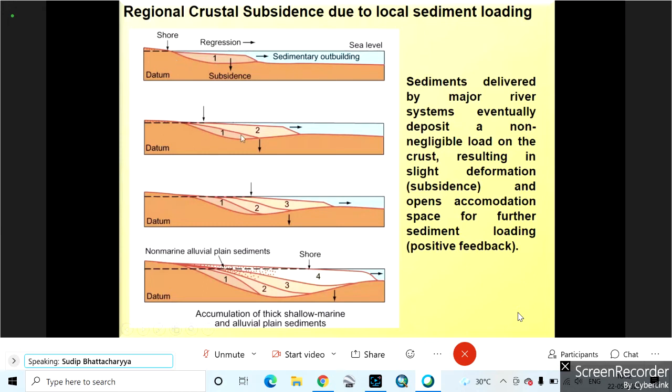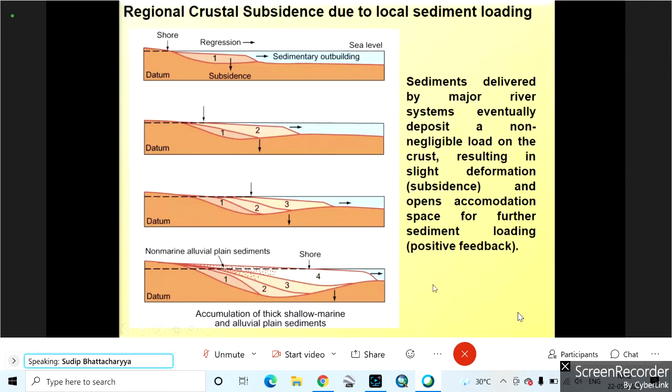Then again, over one, another number two, this sedimentary strata is being deposited, and again the regression is going on. So slowly and slowly, the oceanic part or lagoonal part, that means the water part, will be diminished, and the total area is covered by 1, 2, 3, 4, like this, some sedimentary horizons. So accumulation of thick, shallow marine or alluvial plain sediments are happening like this.